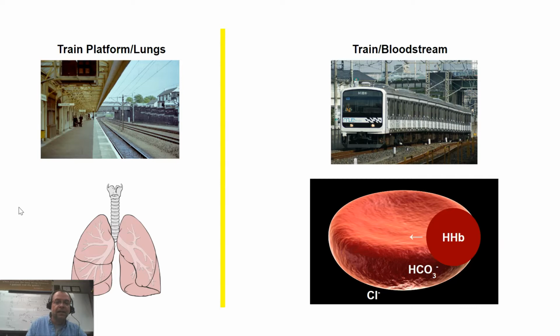Now that HHb will separate into the proton, the H+, and hemoglobin. That proton will then combine with bicarbonate to form carbonic acid, which will then dissociate to form CO2 and H2O. Now that CO2 will diffuse out of the red blood cell into the lungs where you can exhale.